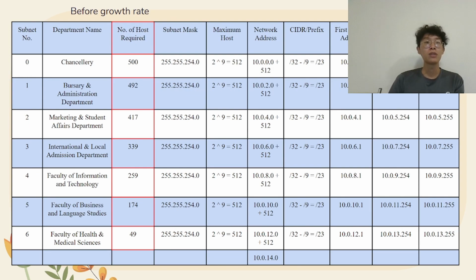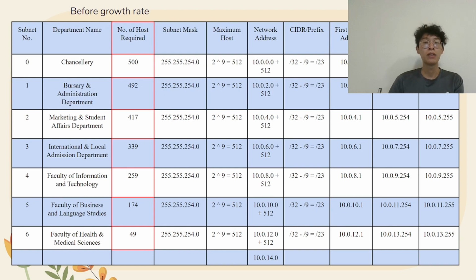For network address, we take 10.0.0.0, which is given in the assignment materials, and add the maximum host, which is 512. For the CIDR, we take /32 minus the maximum host power number, which is 9. So we just take /32 minus 9, and it will be equal to /23.